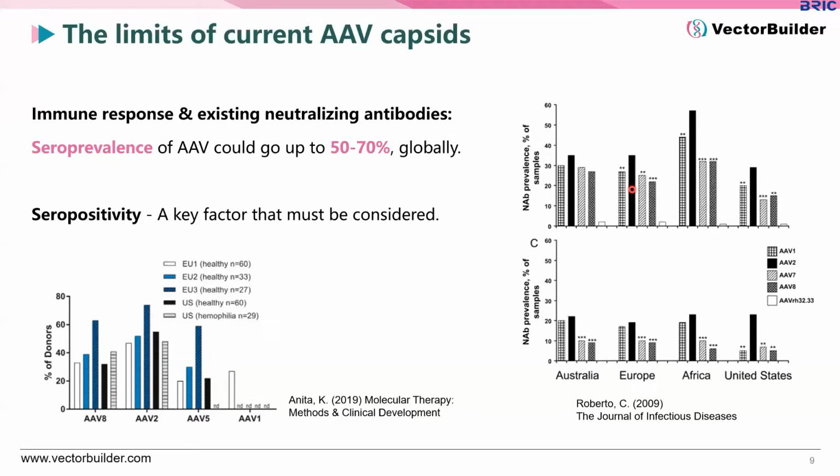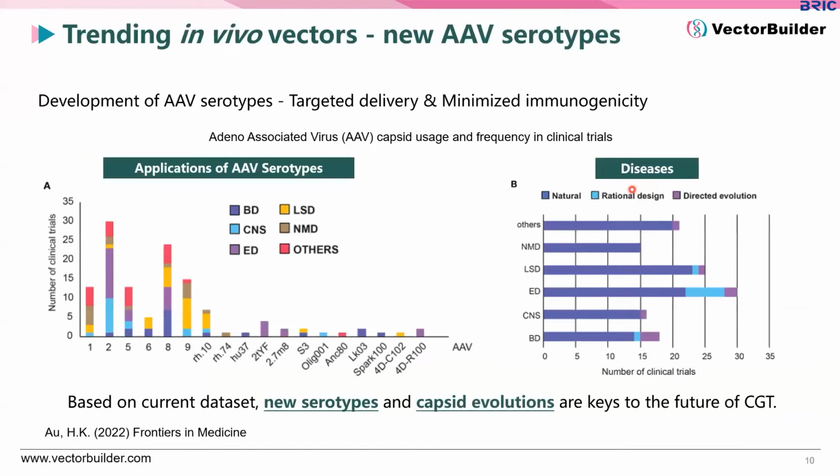Do you want to develop an engineered capsid and a new AAV serotype so that you can bypass all this trouble? That's why this is the trend for in vivo vectors, the new AAV serotypes.